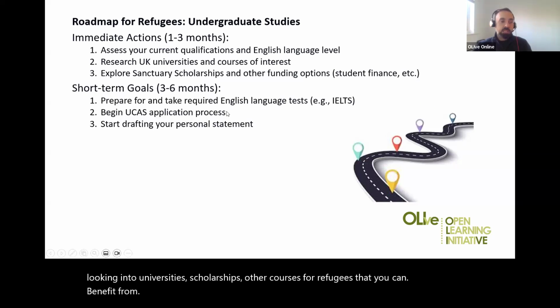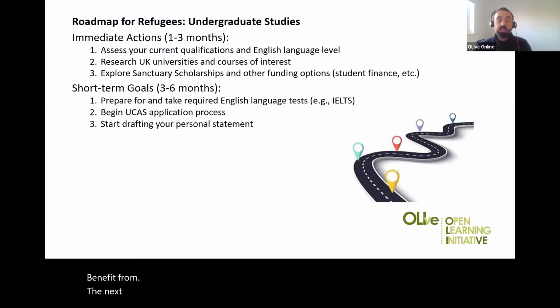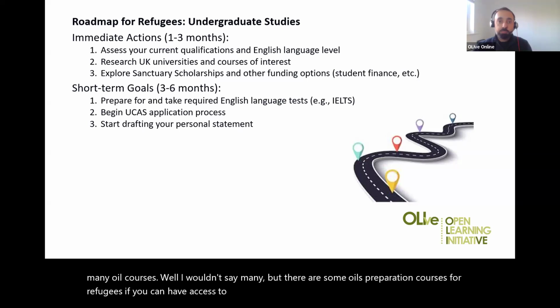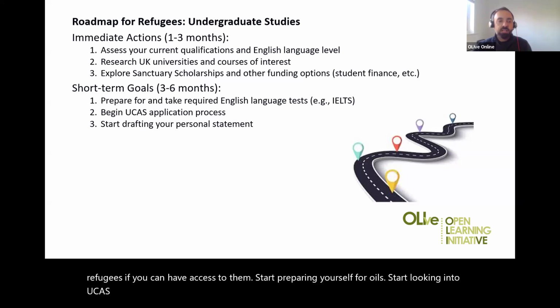The next one is prepare yourself for university. If you can prepare yourself for IELTS, there are many IELTS courses. Well, I wouldn't say many, but there are some IELTS preparation courses for refugees. If you can have access to them, start preparing yourself for IELTS, start looking into UCAS application process, and for that you need a personal statement.